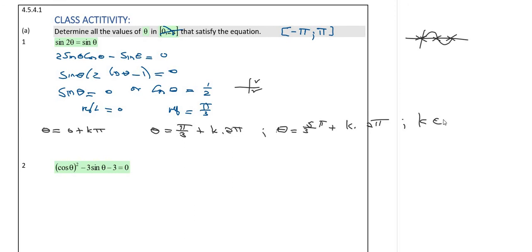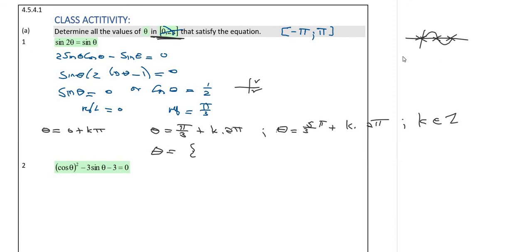Now I need to find the specific angles because I've been given a domain. Some people stop there in the test. So we said in class, use the curly brackets or just write the answers, or use the curly brackets if you want to give all your possibilities.